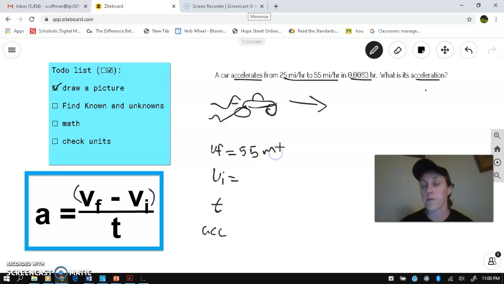Miles per hour. My initial is 25 miles per hour. And my time is 0.0083 hours.